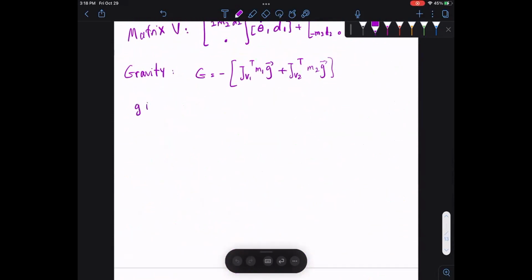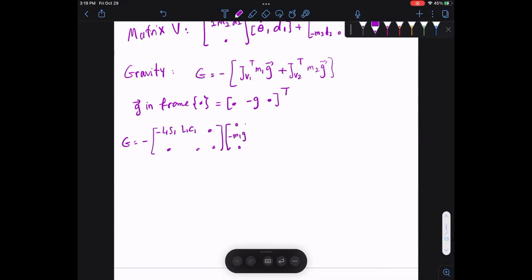So G in frame 0 is going to be 0, -G, 0 transpose, right? Now, creating G: negative L1 S1, L1 C1, so it's sine theta 1, cosine theta 1. This is transpose, that's why this is sideways. Then 0, negative M1G, 0, negative D2 sine 1, D2 cosine 1, 0, 0.